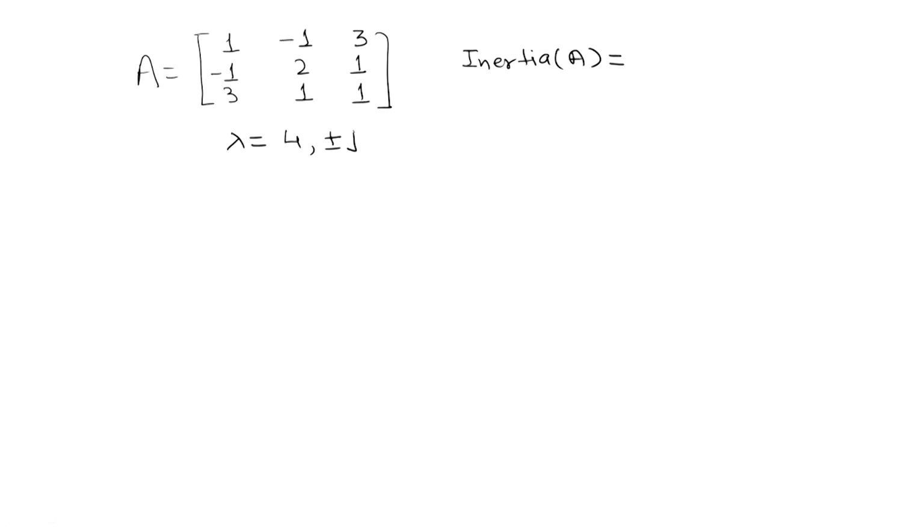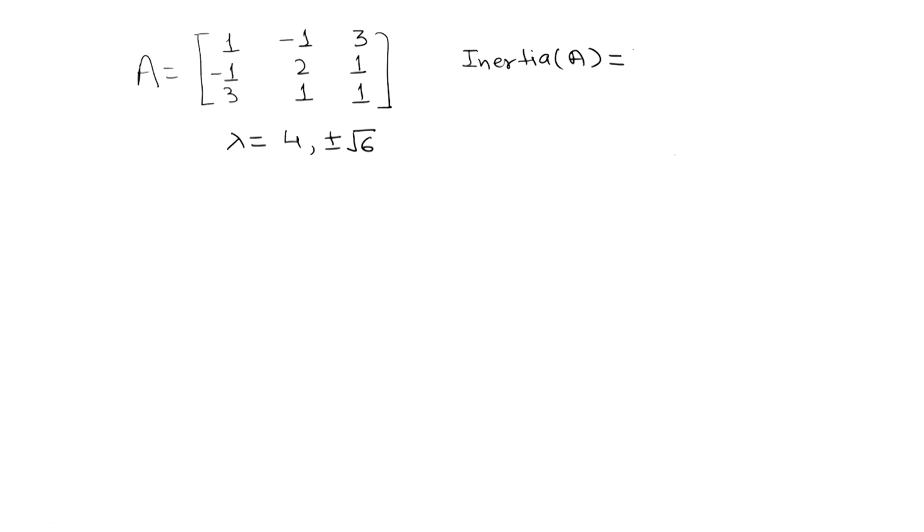So, if I take an example, A equals [1 -1 3; -1 2 1; 3 1 1]. What is the inertia of this matrix? The inertia of A can be found just from the eigenvalues of A. If I calculate the eigenvalues of A, they come out to be 4 and plus or minus root 6.